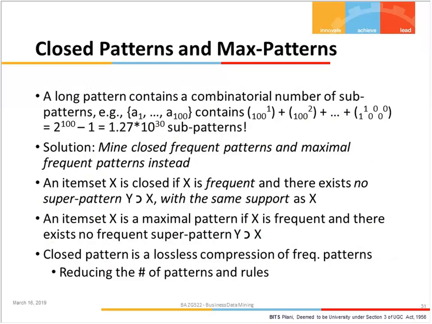So one of the possible things that we can think of is, suppose we have a database which has got 100 items. What that means is that if there are 100 items, we know how many candidates will be there all through, or essentially how many sub patterns will be there.